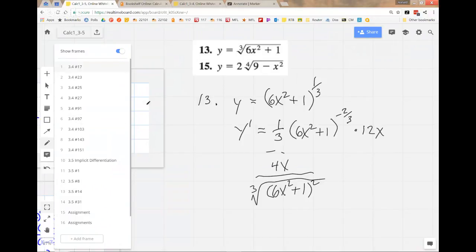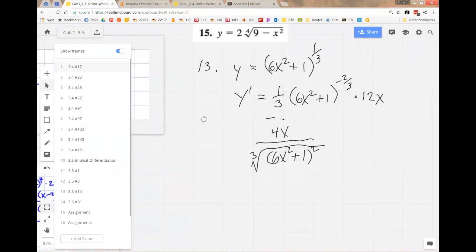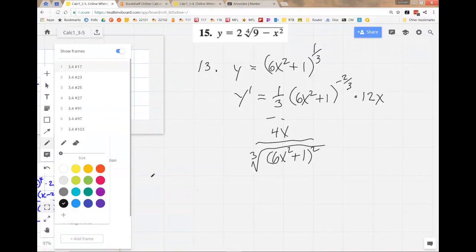15 is similar. Let's take a look at that one right below here. So y equals 2 times the fourth root of 9 minus x squared, which I'm going to write in power form.